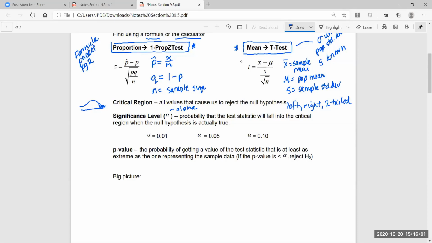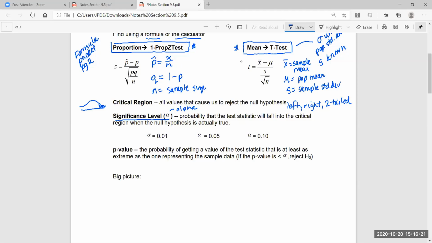And when you read that, you're probably thinking, what the heck does that mean? The definition probably doesn't provide clarity. Here's what it means. It's the level of significance. How high does it have to be? How significantly different?